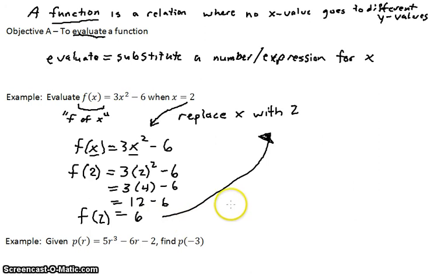So the function at 2 is equal to 6. And this is the way you would express that answer. So all I'm doing is just plugging in a number for x. It just looks a little bit different because I'm using new notation. And you'll see later in this book why we use the notation that we do for function notation. You'll see why it's important. It actually comes in handy when we talk about comparing things.